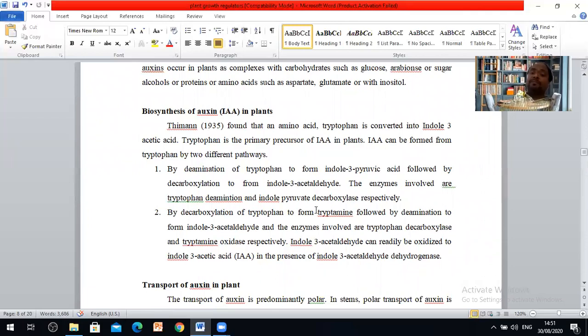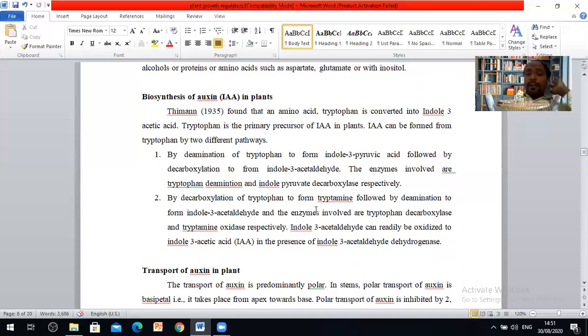The enzymes involved are tryptophan deamination and indole pyruvate decarboxylase respectively. So these two enzymes are responsible for the conversion of tryptophan into indole 3 acetaldehyde.